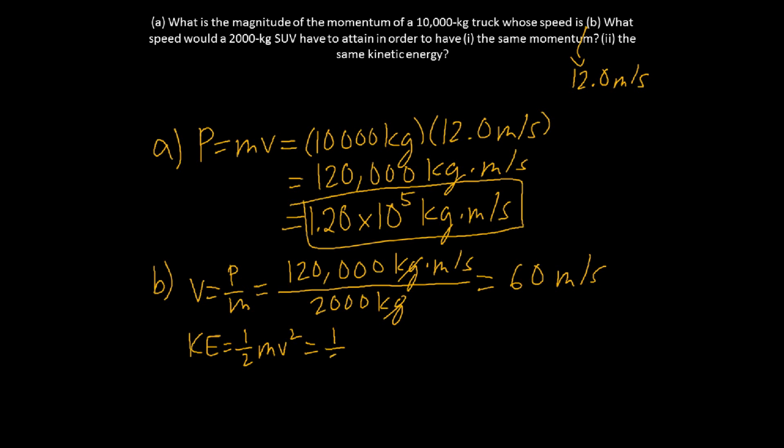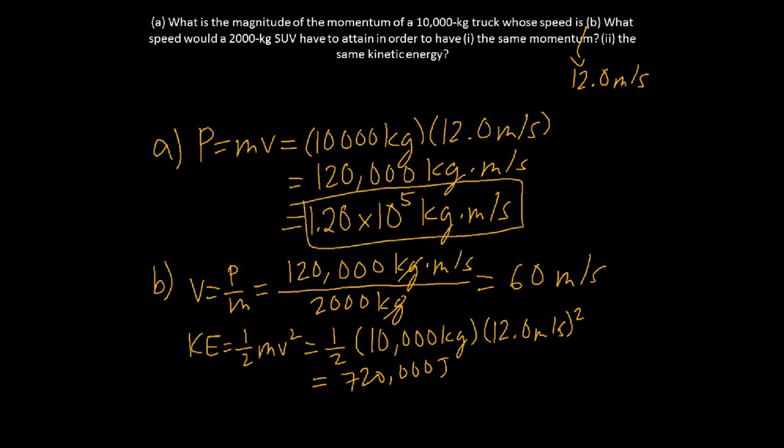And then the mass over here would be, of course, since you're solving for the kinetic energy of this 10,000 kilogram truck, we're going to use the mass of the truck, that is 10,000 kilograms, and then the velocity of the truck is 12.0 meters per second raised to 2. Now that will give us 720,000 joules.